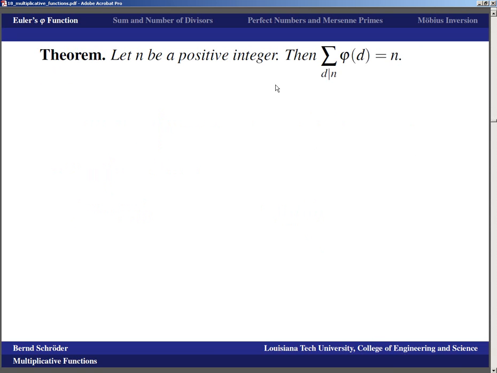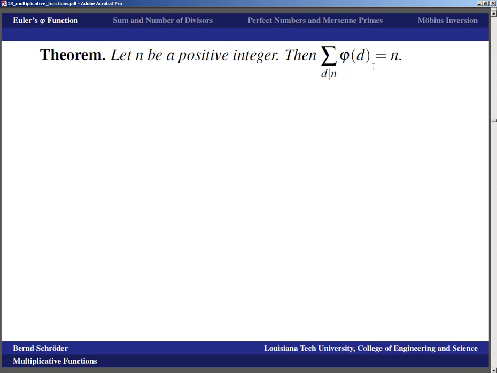We can also talk about what we will ultimately call the summation function, or the summative function, I'm not quite sure on the wording right now, of the Euler phi function. What can be proved, and what we will prove, is that if you've got a positive integer n, and you sum the function phi of d over all the divisors d of n, you retain n.